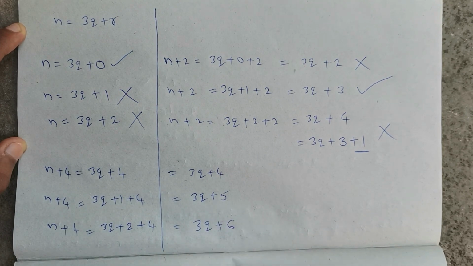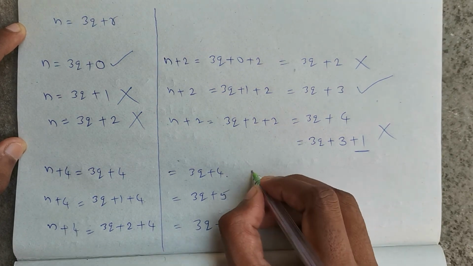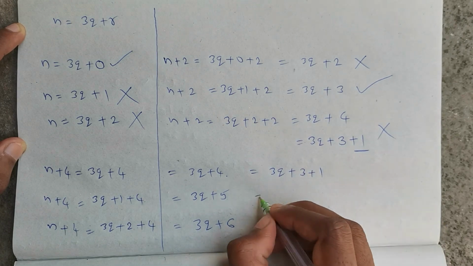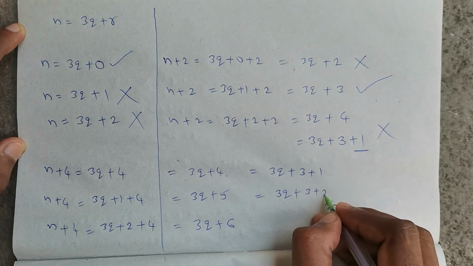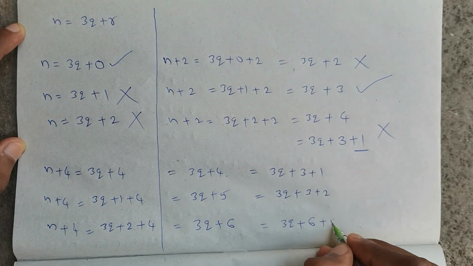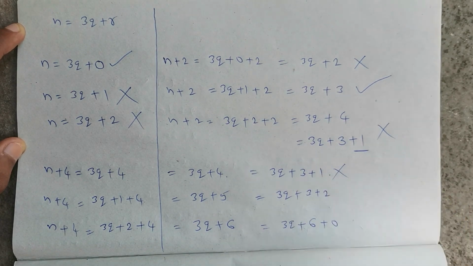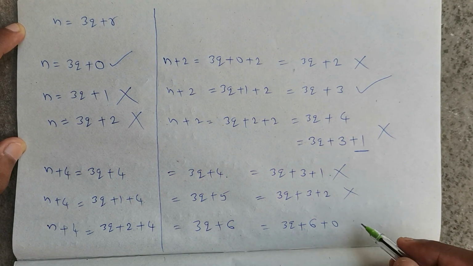3q plus 6. If we observe all these, plus 4 can be written as 3 plus 1. So 3q plus 3 plus 1. Here 5 can be written as 3 plus 2. Here 6 can be written as usual 3q plus 6 plus 0 remainder. So now here 1 is the remainder, not divisible by 3. 2 is the remainder, not divisible by 3. 0 is the remainder.